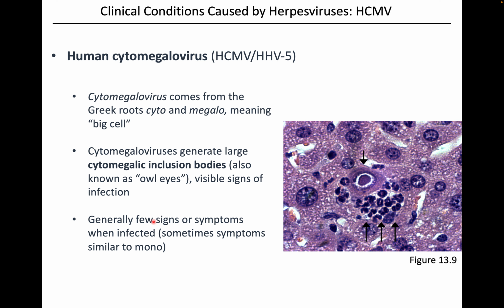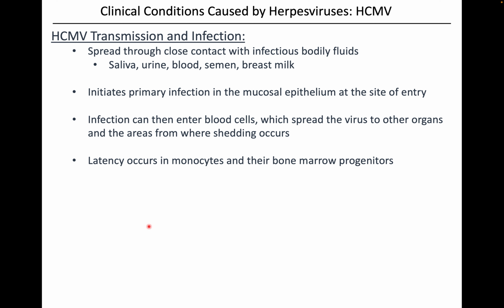And there's not usually a lot of signs or symptoms upon initial infection. As I mentioned, sometimes you can get mono-like symptoms, but you may not even know that you have cytomegalovirus. This one is going to be spread through close contact with any body fluid, basically. Pick your body fluid here.